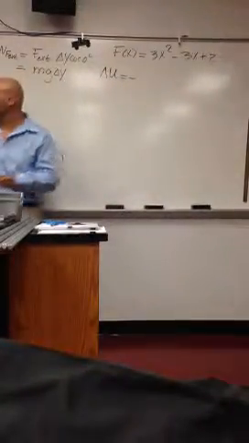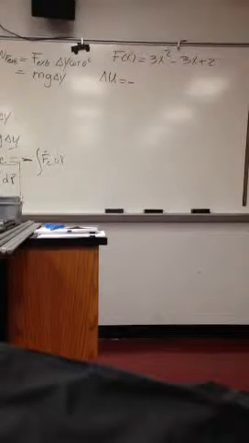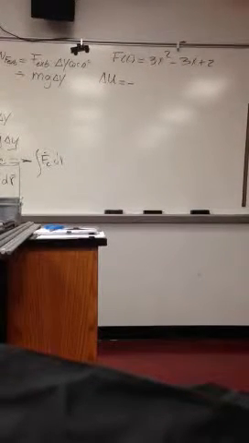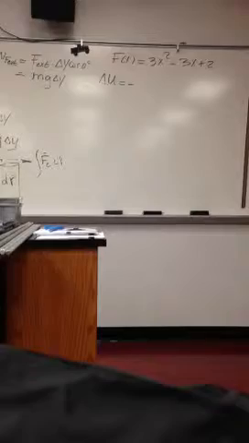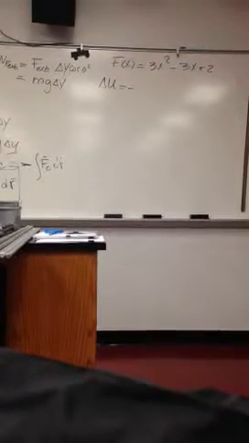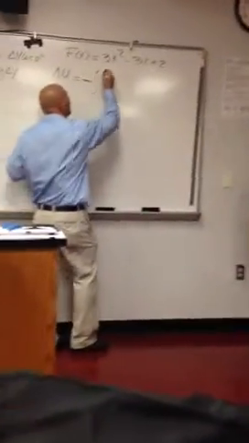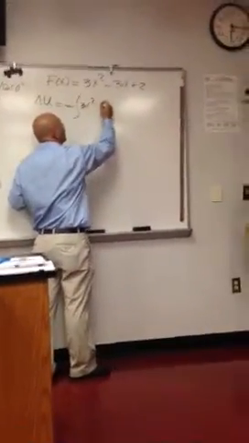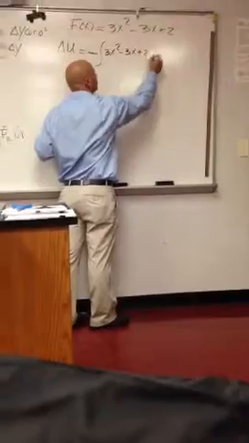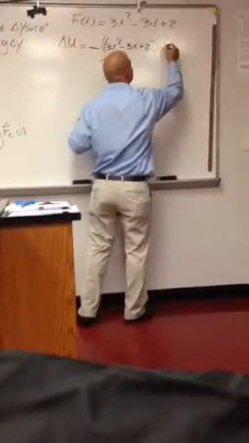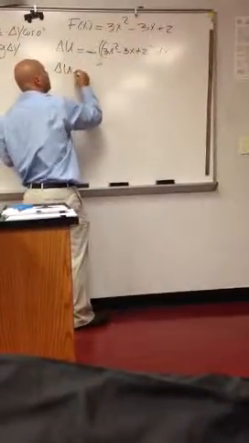According to my definition, if I have the conservative force, how do I find the change in potential energy? Negative. Don't forget the negative. The integral of 3x squared minus 3x plus 2 dx. What will delta U be?